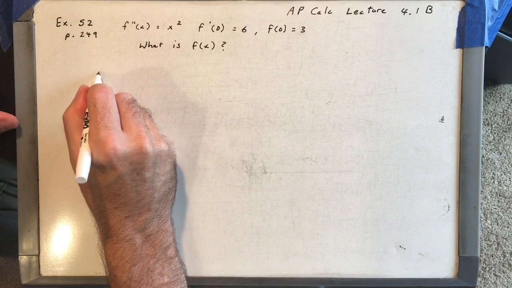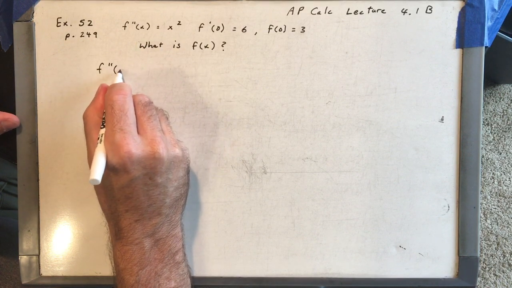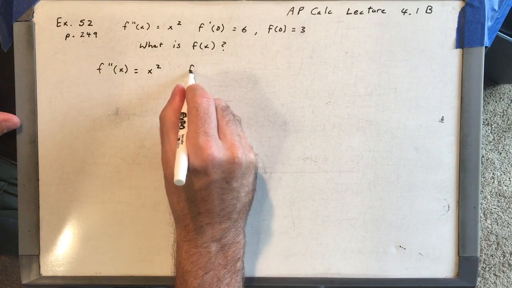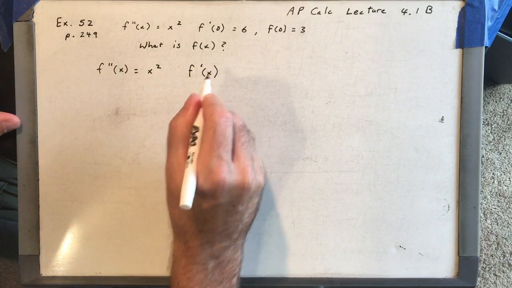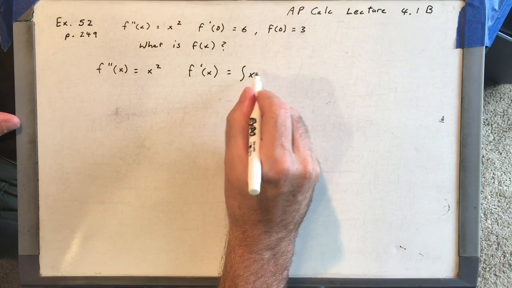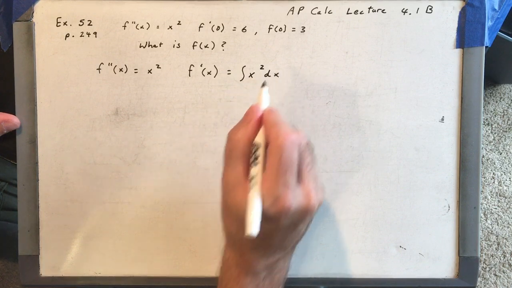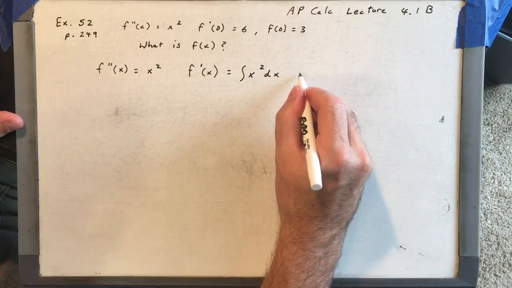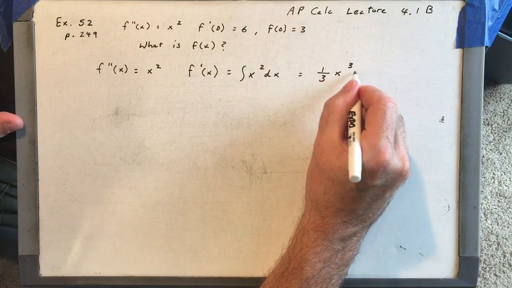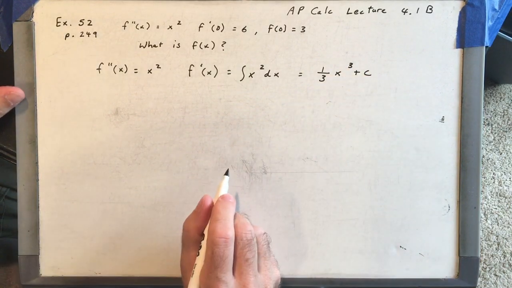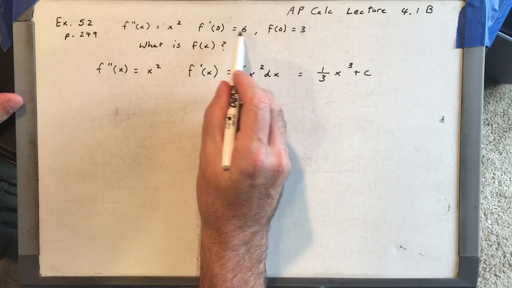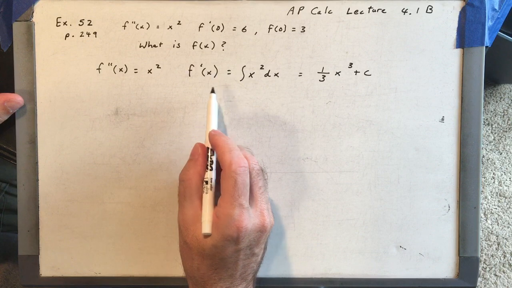Okay, so if f double prime of x is equal to x squared, then f prime of x, if we go up one level, we would integrate x squared. So that's going to be 1/3 x cubed plus c. It says that f prime of 0 is equal to 6. So now we can plug in.